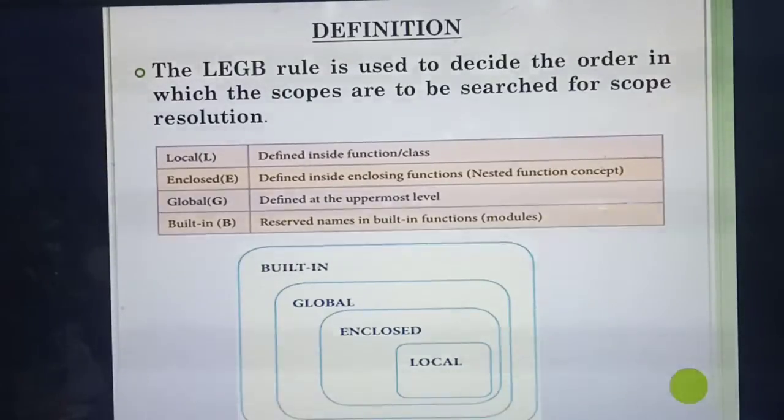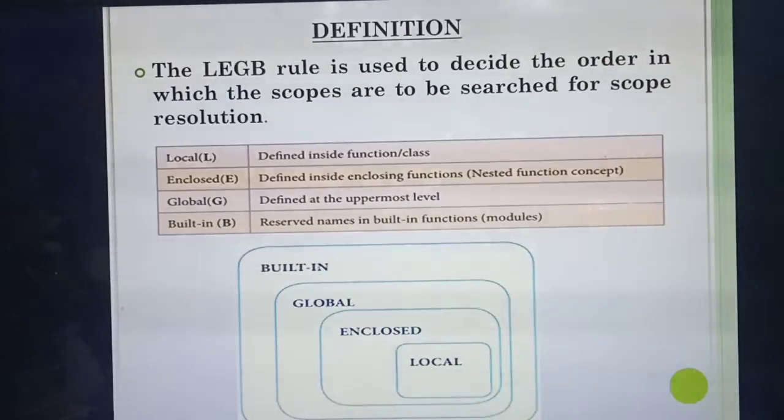If you are using string functions, you will use hash include string.h. Isn't it? So all of this is already defined inside the software, and when you use a function you use the header file. Same way in built-in also. Already reserved, a lot of functions or modules are defined inside the software, and based on your wish you use them. That is called built-in. And this is just the definition.